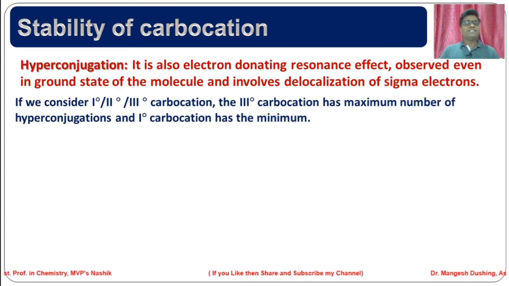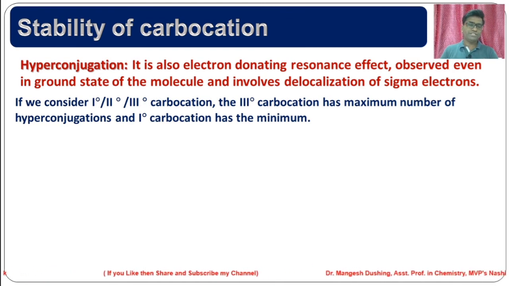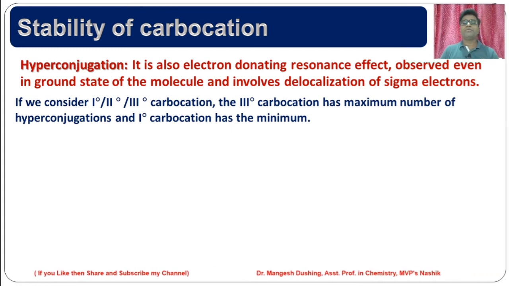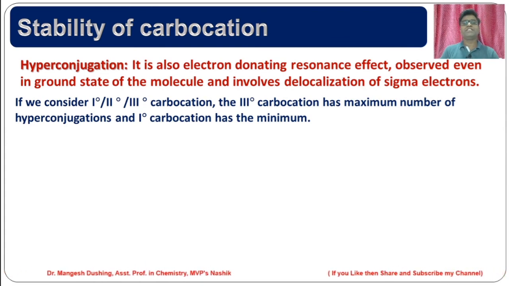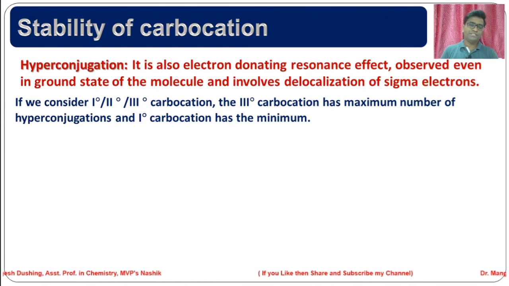If we consider primary, secondary and tertiary carbocations, the tertiary carbocation has the maximum number of hyperconjugations and the primary carbocation has the minimum. So as the number of hyperconjugation structures increases, the stability of the carbocation increases. It means that the tertiary carbocation is very well stabilized by hyperconjugation effects.